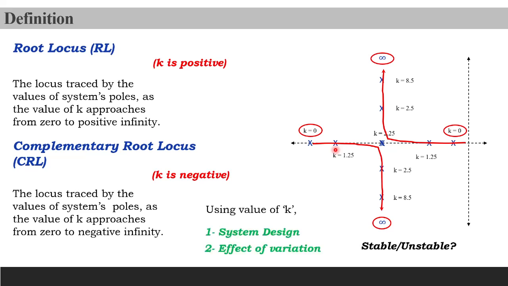Number one is to design a system. Let's say k is some physical parameter which changes with temperature, and we have a change in temperature from summers to winters, and for every change of 5 degrees centigrade, we have a 10% change in the value of k. We want to make sure that throughout the day and throughout the year, when the temperature changes about 20 degrees, our system behaves perfectly.